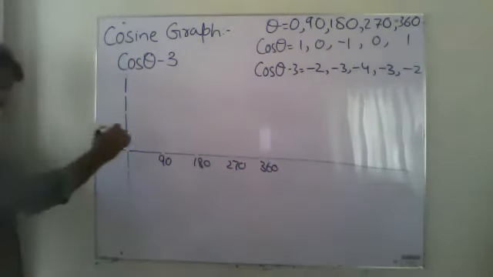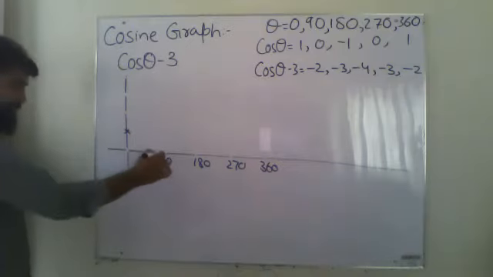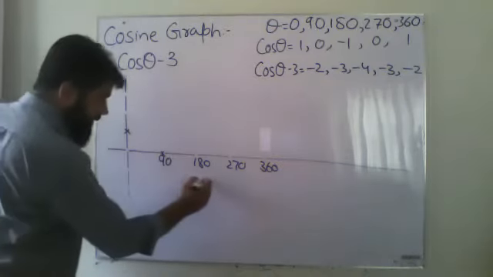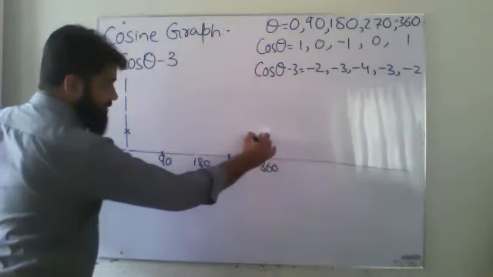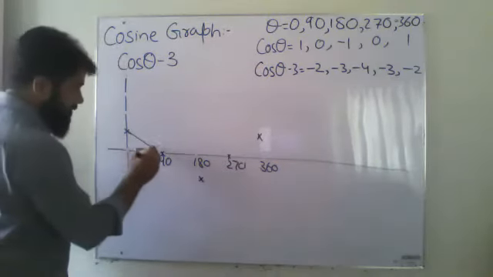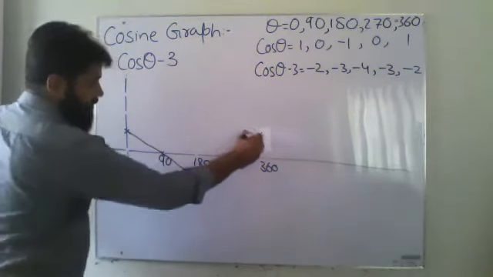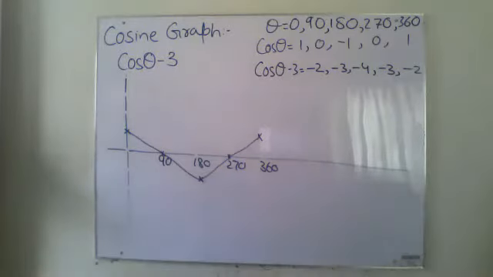First of all, I'm making the original one. It is not needed, but you can see the change which is going to occur. That's why I'm making it. That's your original graph.